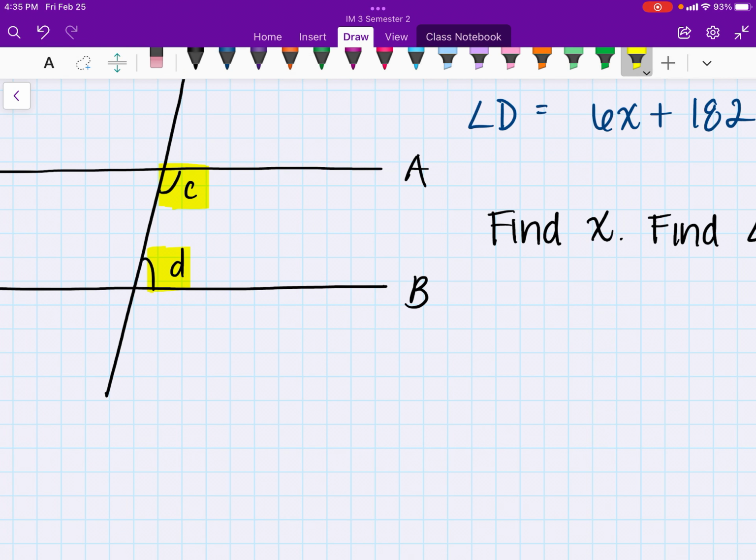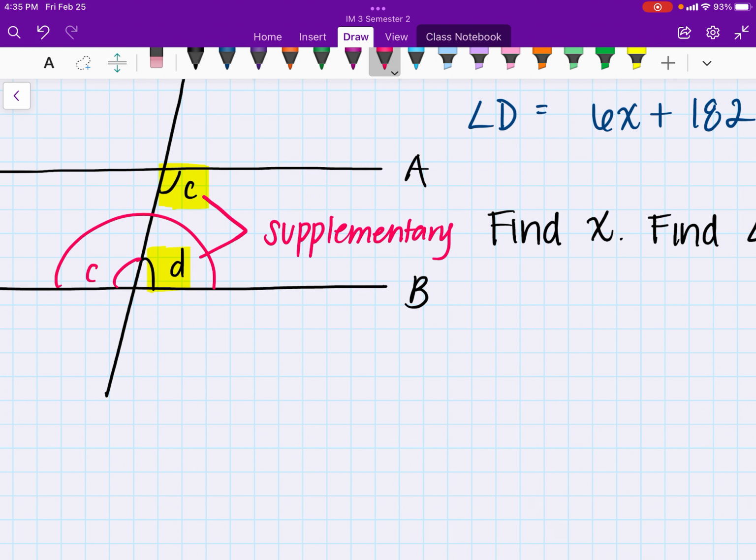Now, these angles are not on the opposite side. They're on the same side, which means they're supplementary angles. Or I could also say that angle C is here, and if I form that, it's going to be 180. So since they're supplementary, angle C plus angle D will add up to 180 degrees.